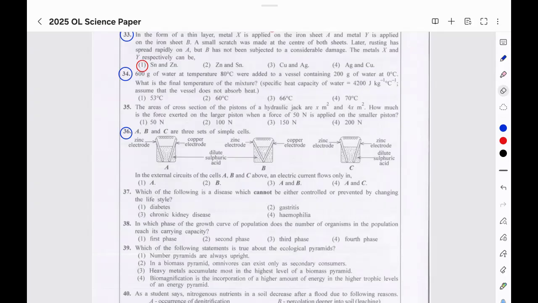Students, this question is related to the heat lesson in physics. Okay, so therefore, let me skip that question for now.